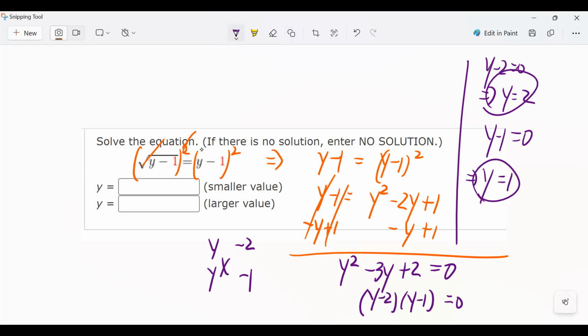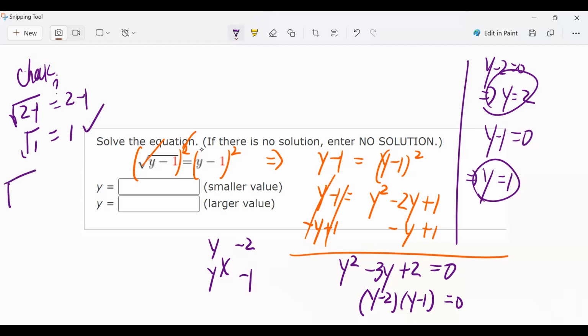Then we still have to check it to make sure it's good. Let's quickly check. Applying 2, you get the square root of 2 minus 1 equal to 2 minus 1. That is a true statement: radical 1 equals 1. If you plug in 1, it will be radical 1 minus 1 equal to 1 minus 1.